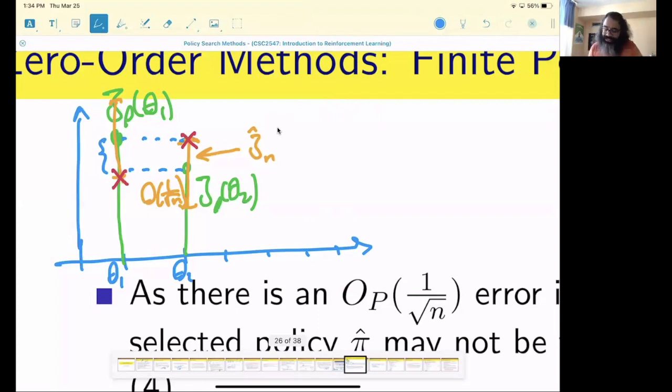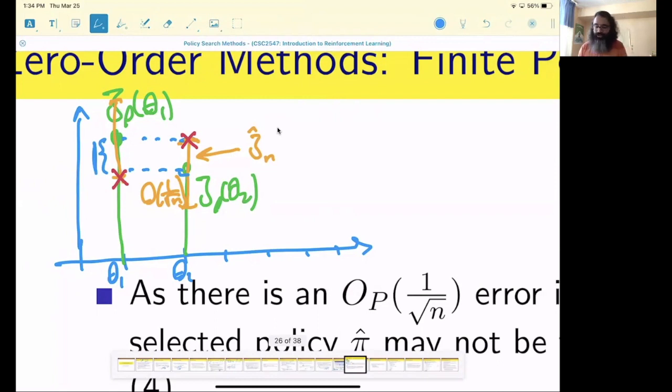So even if we make such a mistake, the difference between these two is the suboptimality gap, and it is going to be smaller or in the order of 1 over square root of n.